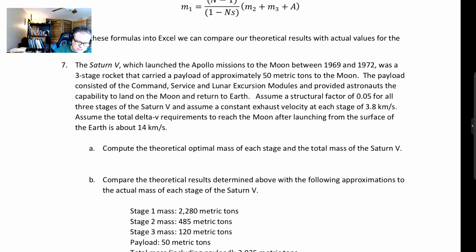And I'm going to increase the total delta V required because we're going to the moon. So add another 4 kilometers per second just to reach that transfer orbit to the moon.